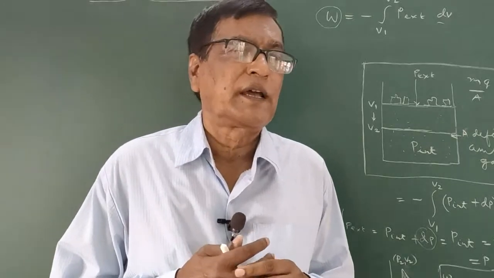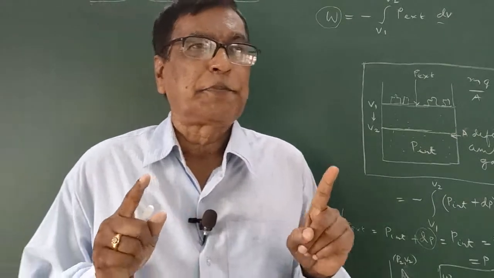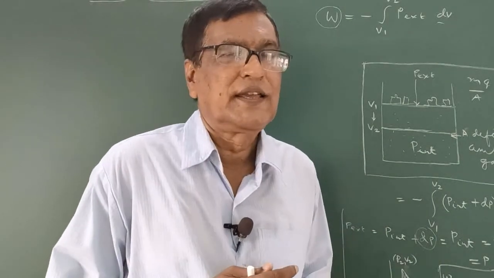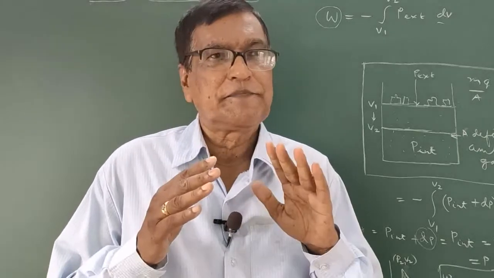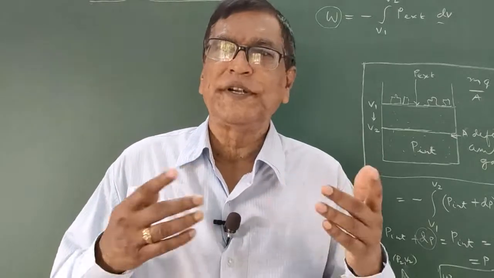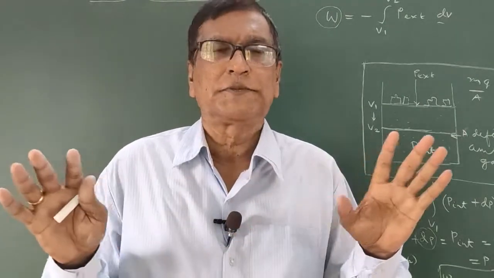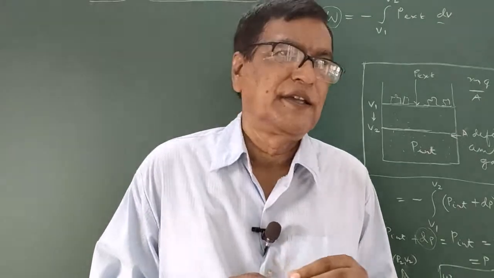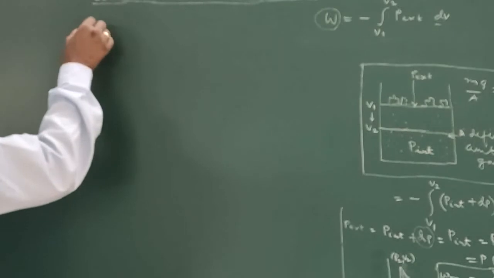Now I shall try to formulate the expressions of this mechanical work for different processes. This formula could also be derived, but I have given all the formulas required for these calculations ready-made. And first I shall discuss this reversible process.